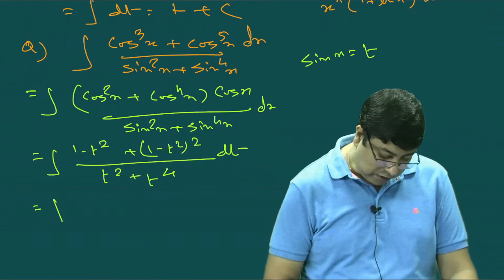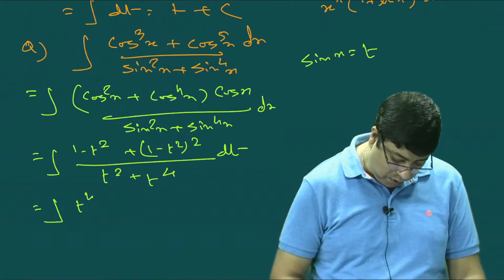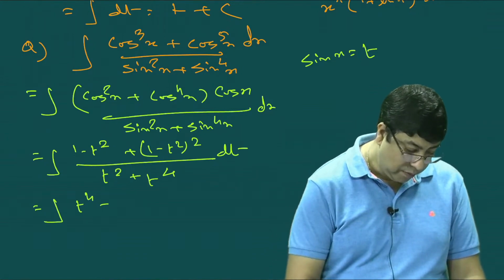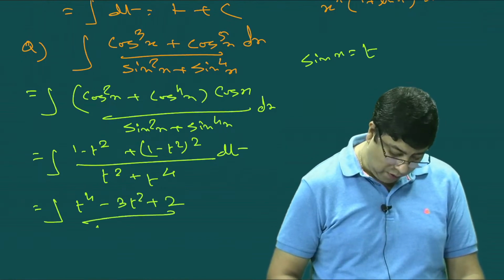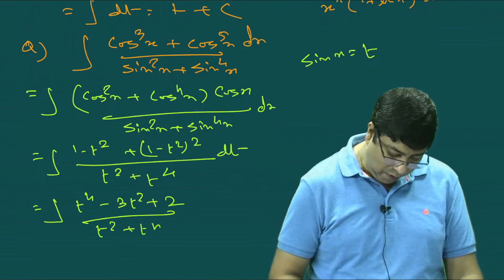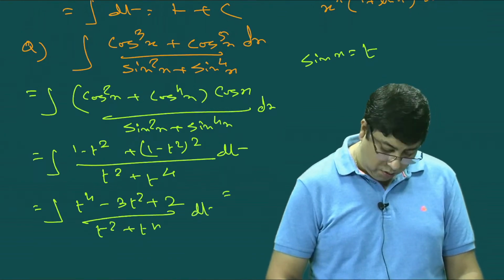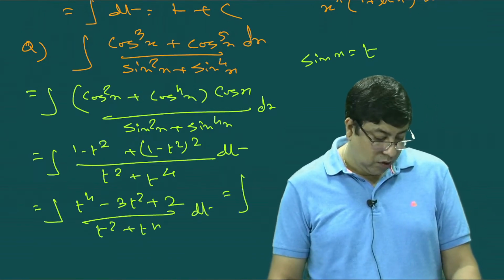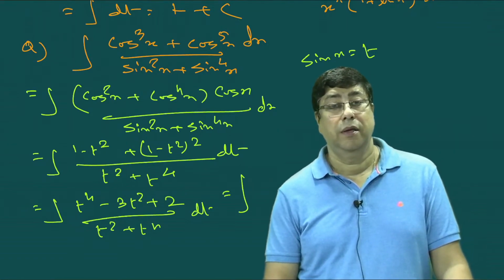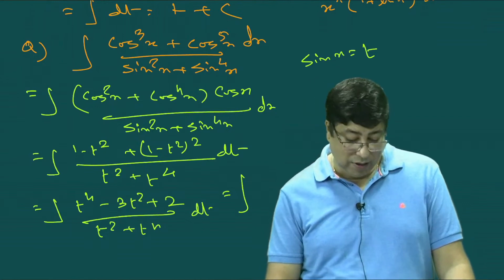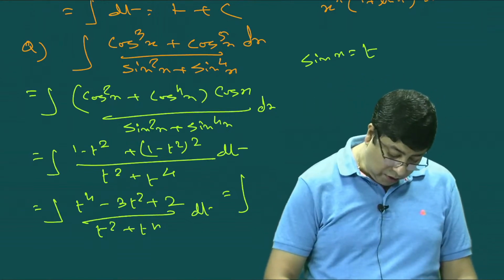Now if we just calculate, we are getting t to the power 4 minus 3t square plus 2 by t square plus t to the power 4 dt. So if we calculate here, we can cancel the maximum power in the numerator and denominator.